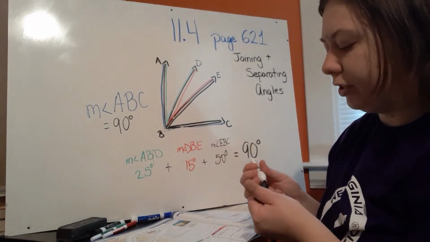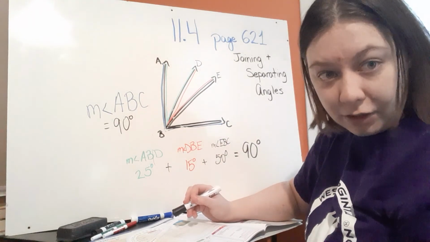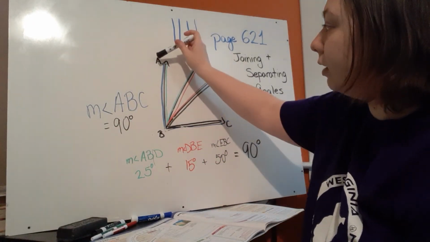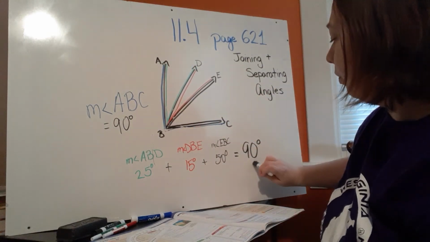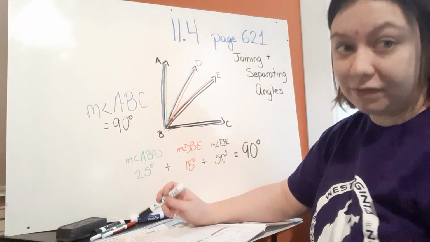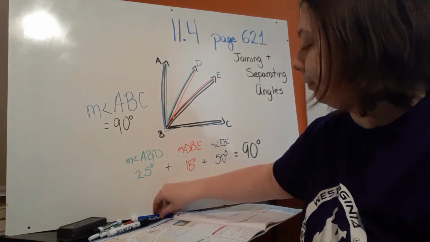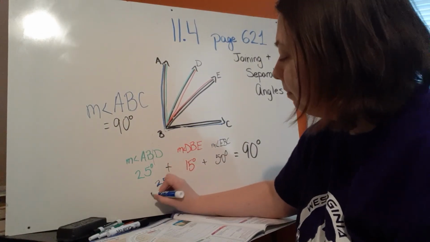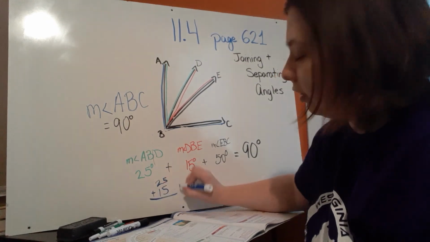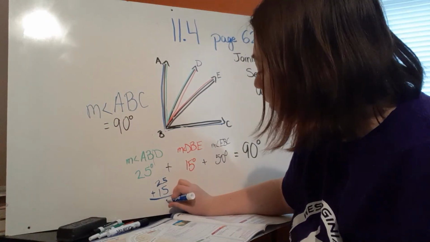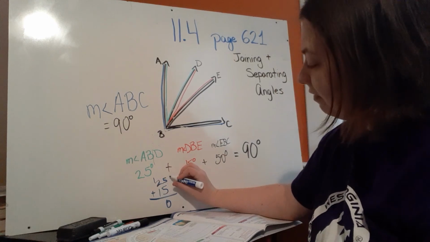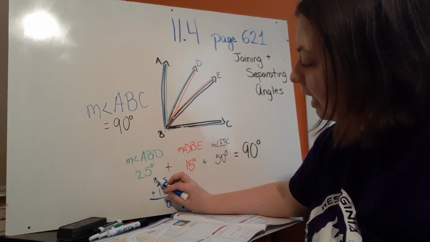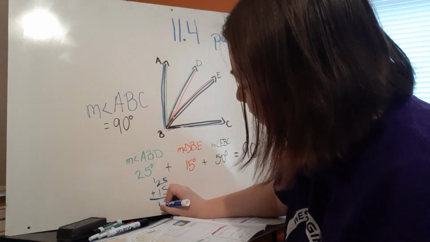So, if we did everything right, all three of these angles that are part of ABC will equal the total of 90 degrees. So we can do 25 plus 15 first, right? So I have 5 plus 5 is 10, 2 plus 1 is 3, and then I have my 1.